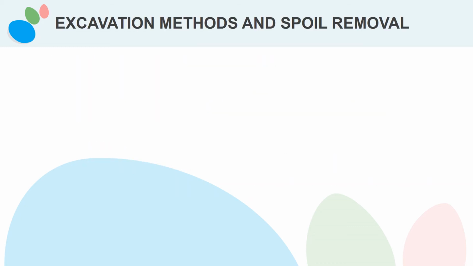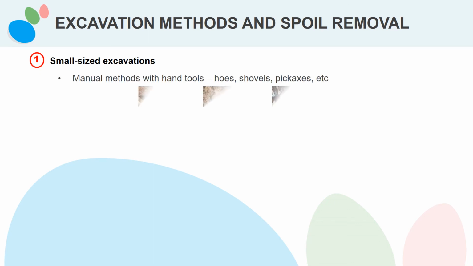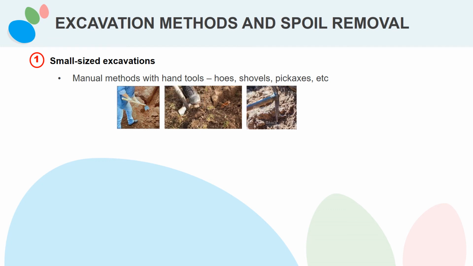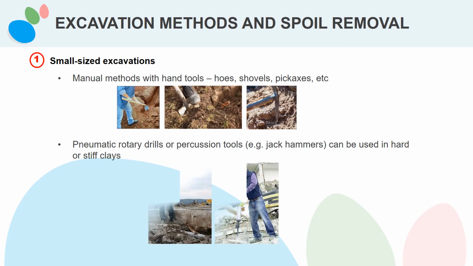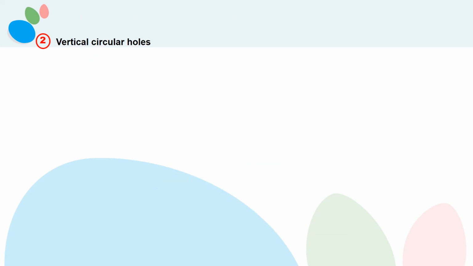Excavation methods and spoil removal. 1. Small-sized excavations. Manual methods with hand tools, hoes, shovels, pickaxes, etc. Pneumatic rotary drills or percussion tools, for example jackhammers, can be used in hard or stiff clays. 2. Vertical circular holes.